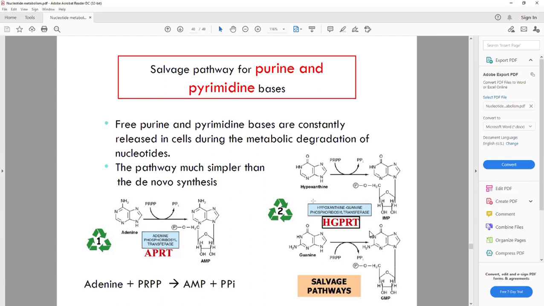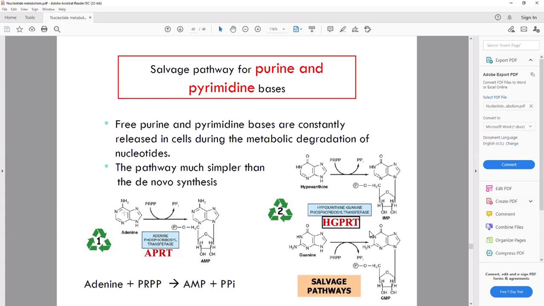It just involves two steps. From adenine, the degradation product of the pathway is going to produce adenine as well. This adenine can undergo the salvage pathway to form AMP by adenine phosphoribosyl transferase.